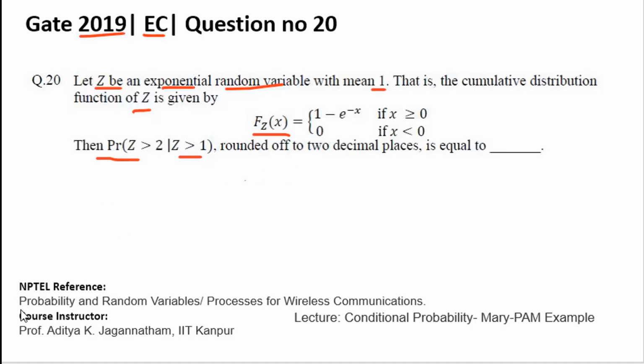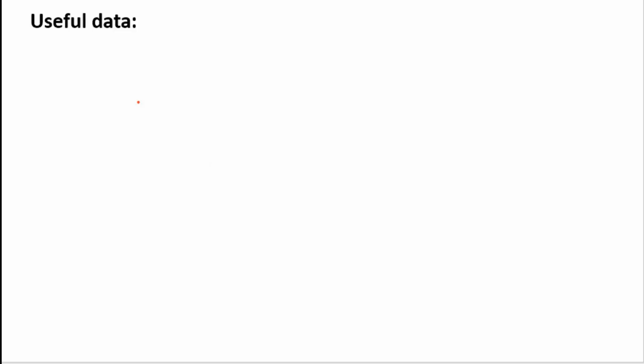The NPTEL reference for this question you can find in Probability and Random Variables by Professor Aditya K. Jagannathan. So, the useful data for this question is that you should know the relationship between probability and CDF of a random variable.